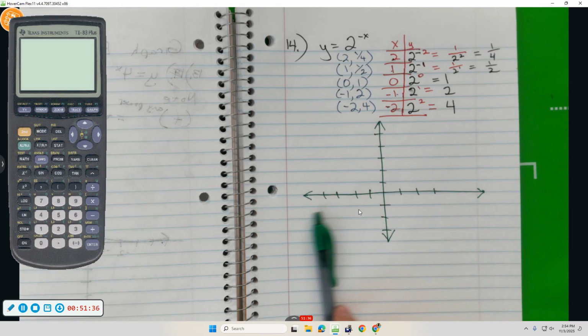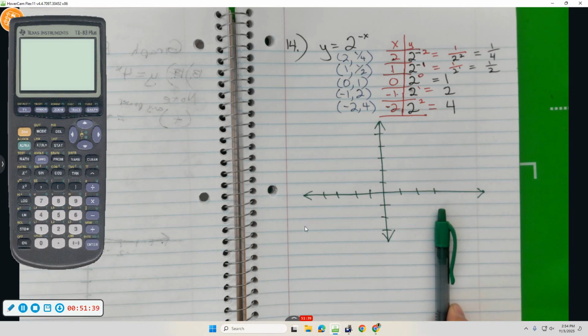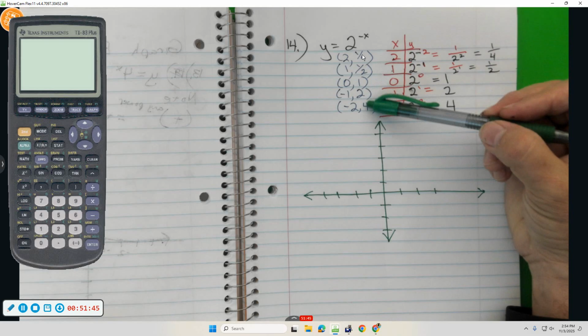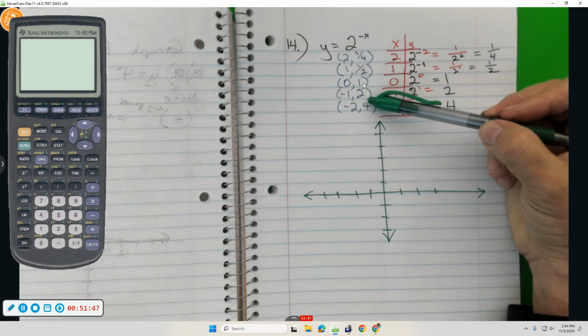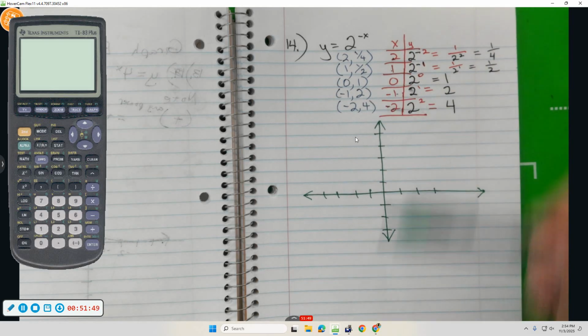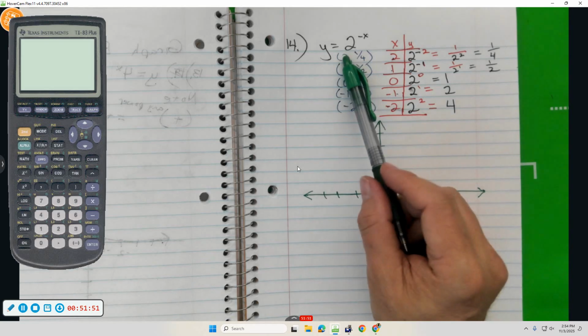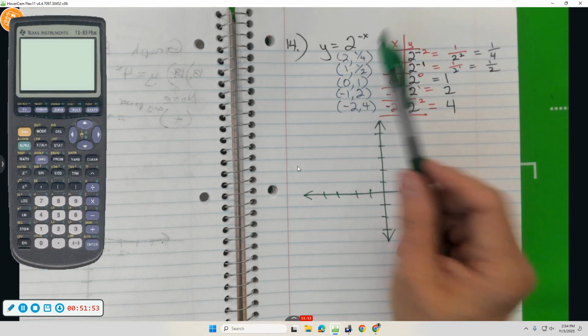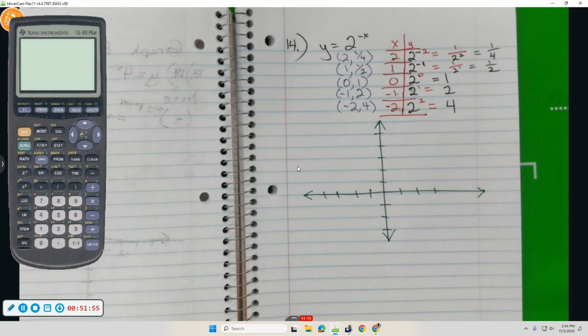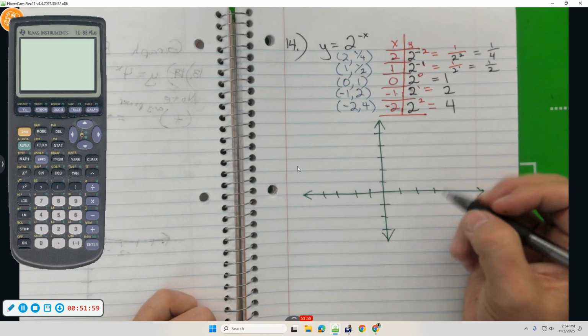Will anything be drawn down here? No, because the y-coordinates are always positive. You'll go left, right, and always go up. A positive number to any power is always positive. So we go right 2 and up 1/4.